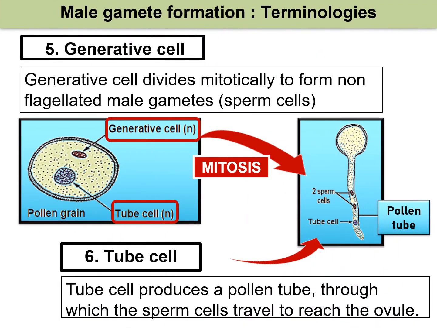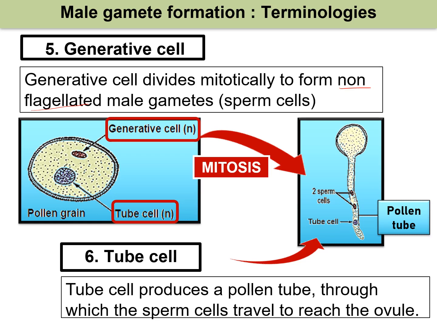The fifth terminology is generative cell. Generative cell will divide mitotically to form non-flagellated male gametes. Someone asked me about what it means by non-flagellated, and another word is non-motile. So when the male gamete is non-flagellated, it means they cannot move by themselves.